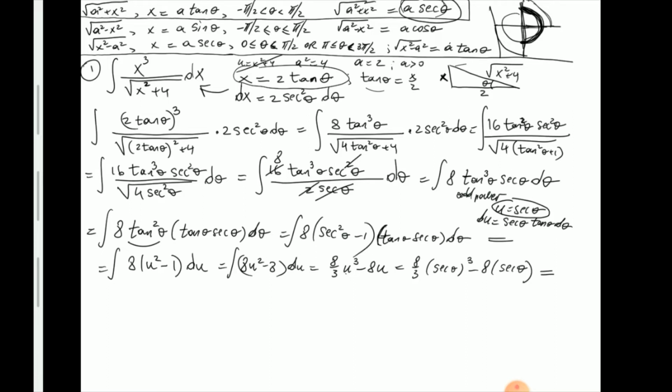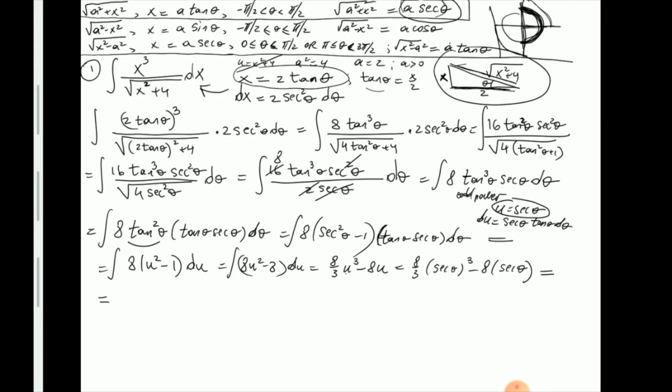And here is the place where that triangle in the beginning comes in handy. Secant theta is replaced by x. Now secant is, remember, 1 over cosine. Cosine of theta, if you look at the triangle, is the adjacent side over the hypotenuse. So the secant is the reciprocal of that.